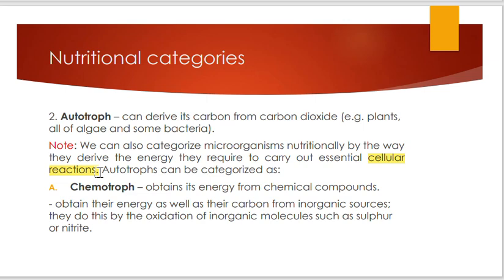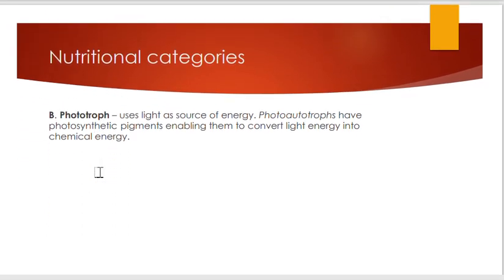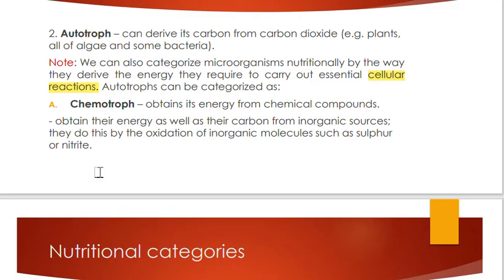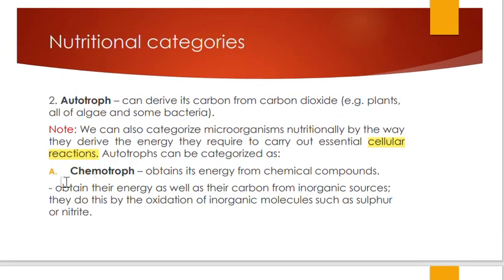So again, microorganisms can be categorized by how they obtain energy to carry out different cellular reactions. Autotrophs can either be categorized as chemotroph or phototroph. Chemotroph obtains its energy from chemical compounds.